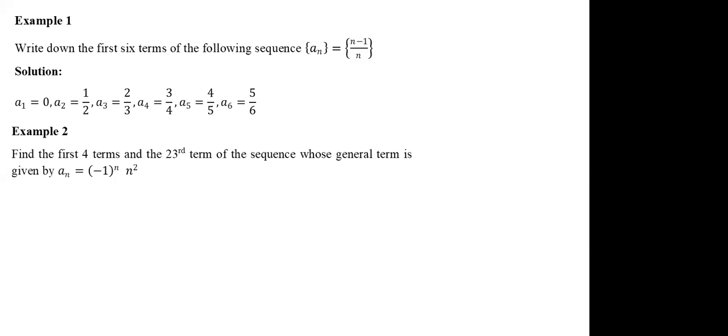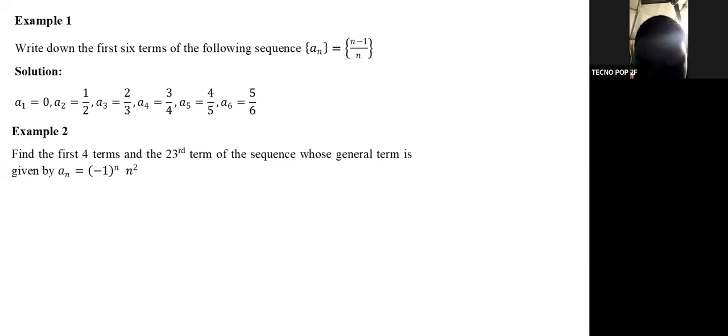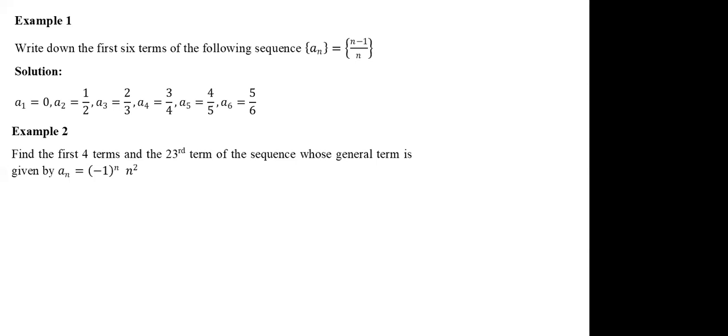Now, let's look at example 2. Find the first 4 terms and the 23rd term of the sequence whose general term is given. We want to get the first 4 terms and the 23rd term of the sequence. Now, what's the first term of this sequence?